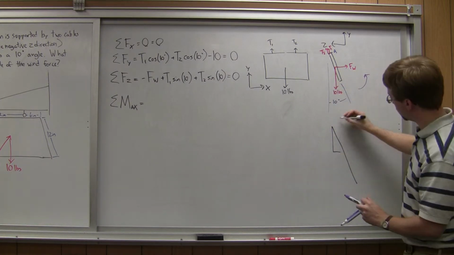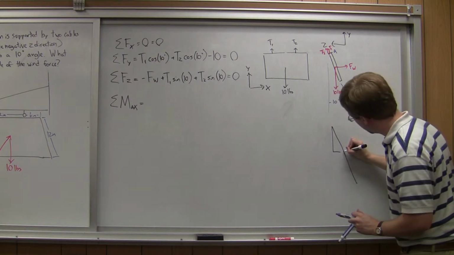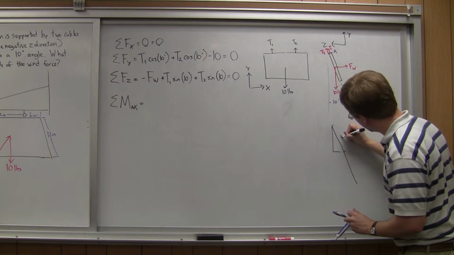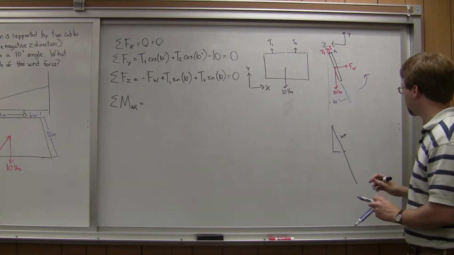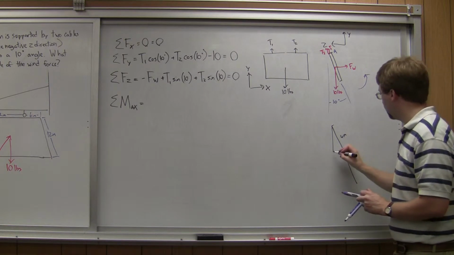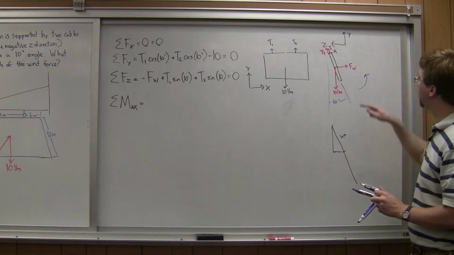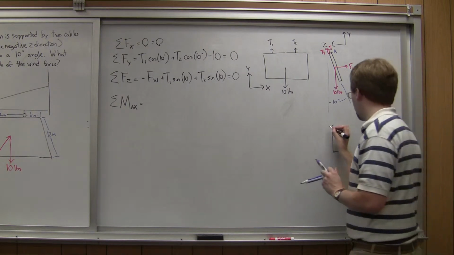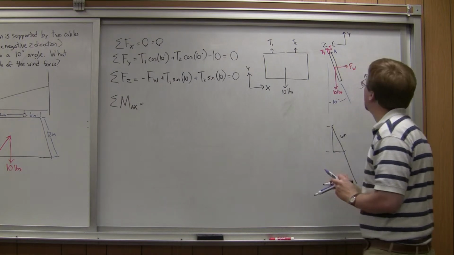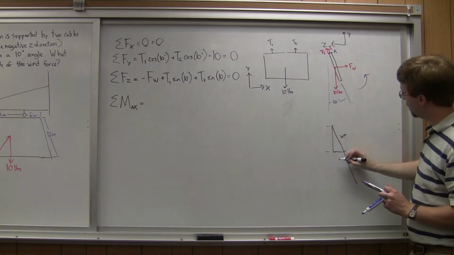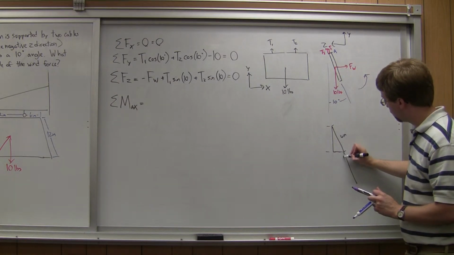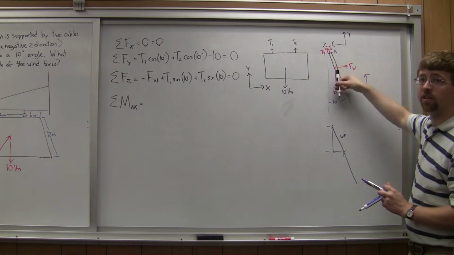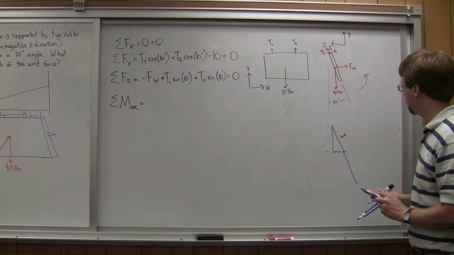My total sign is 12 inches long, so this piece right here is 6 inches. And I need to find the perpendicular distance for the wind, so it's going to be the vertical part right here. And this distance right here is going to be the distance for that 10-pound force.